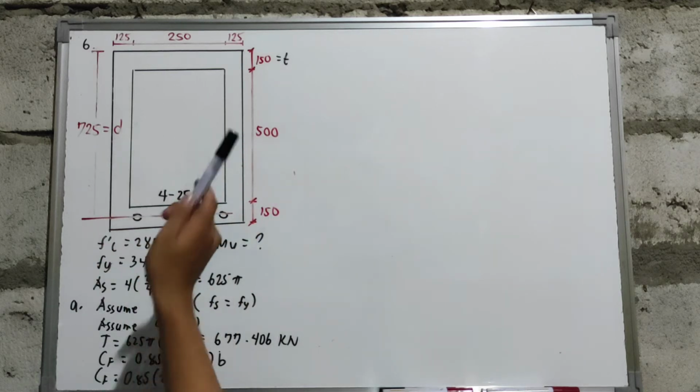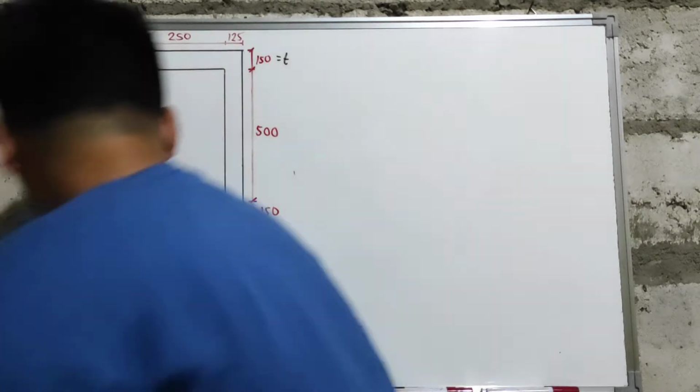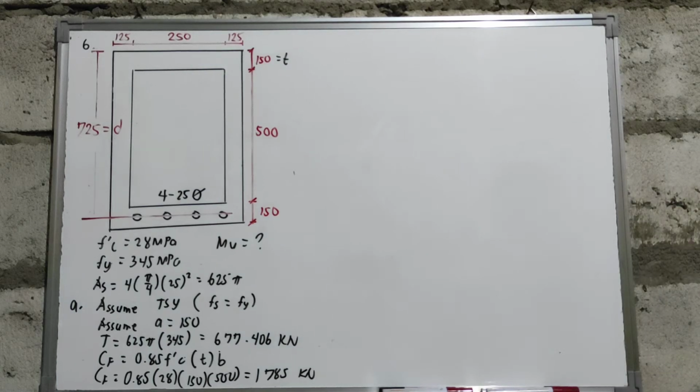So, 125 plus 250 plus 125. So, you will have a value of 500. So, yung value ng C sub F natin, that is equal to 1,785 kilonewton.